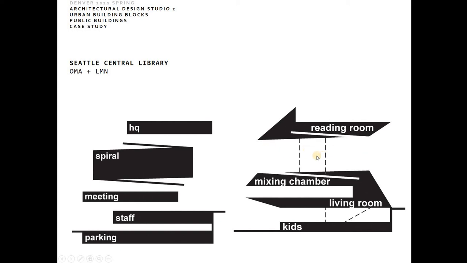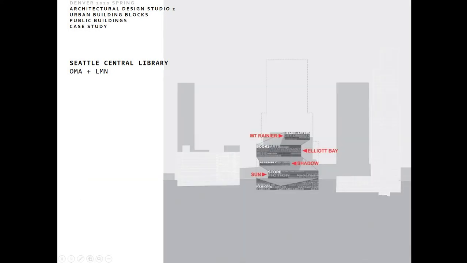But now with spaces, it's so visible, you can see through all the functions, how they work together. And you can see the Rainier, the Elliott Bay, the shadow, the sun, what is really important for these things. And you can see the store function, the symbol, the books parts, and the characters, and the HQ, the headquarters types.